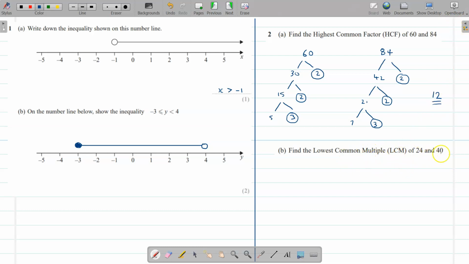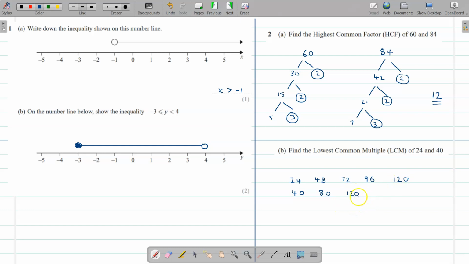The lowest common multiple of these two, well, they're quite low numbers. You've got a calculator anyway, so just write the 24 times table. Okay, 24, 48, 72, 96, 120. You don't need to go any further because you can probably already see that 40, 80 and 120 is going to appear on here too.